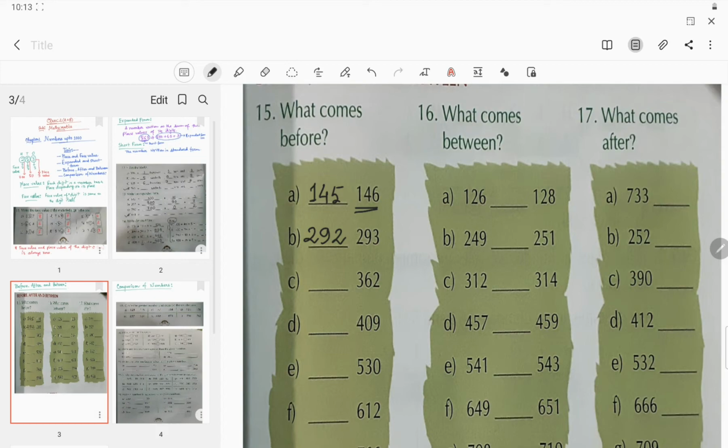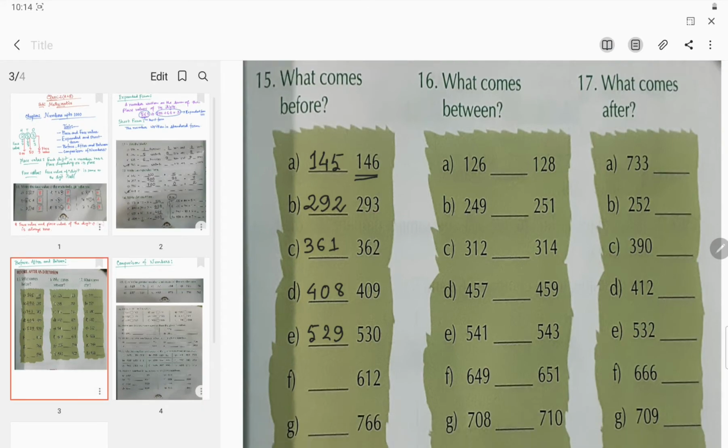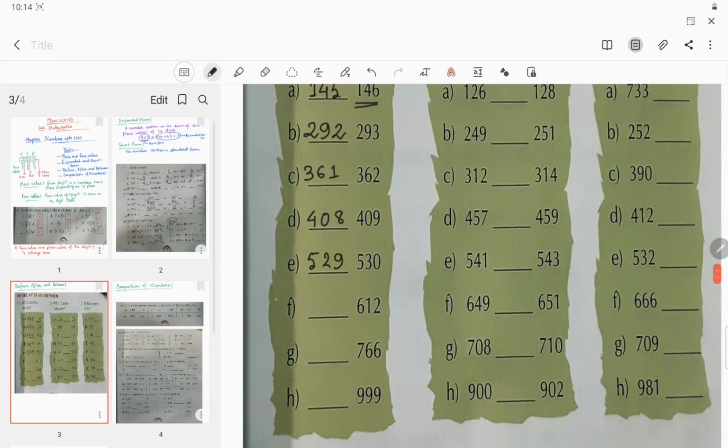Question number C, it will be 361. Question number D, it will be 408. Question number E, it will be 529. And F, G, H, you have to solve.